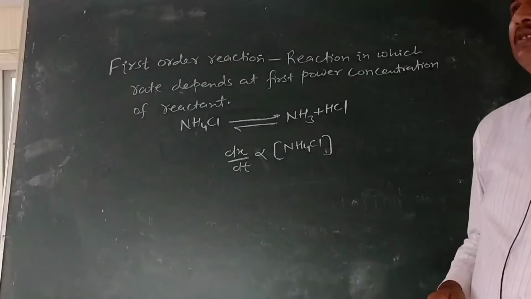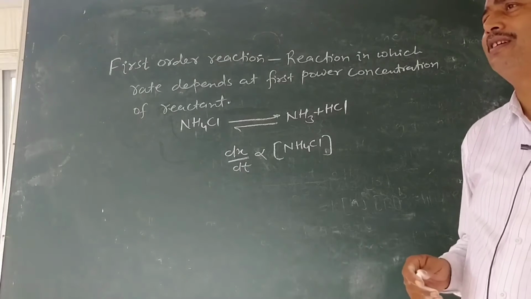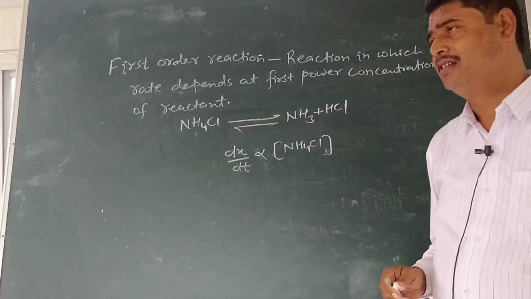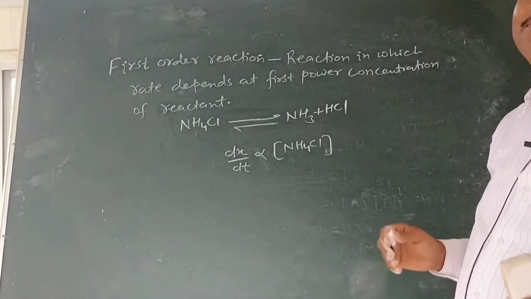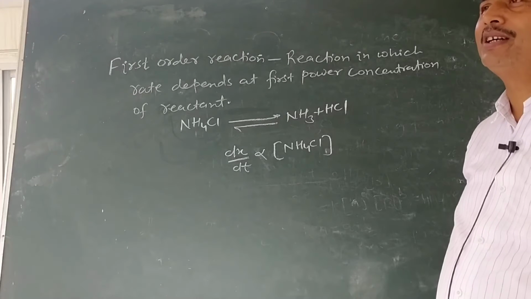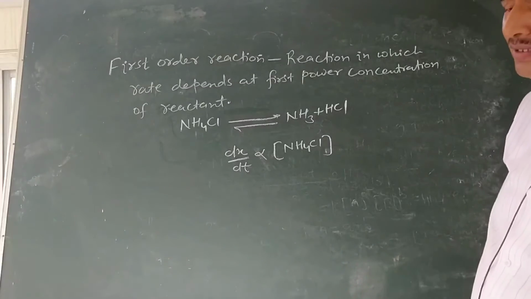Hydrolysis of sugar is also an example of pseudo first order reaction. The reaction that seems second order but actually behaves as first order is called pseudo first order reaction.